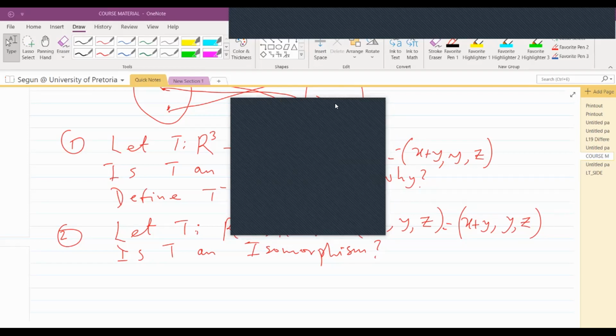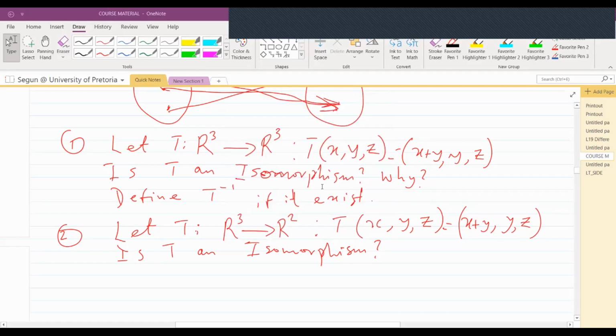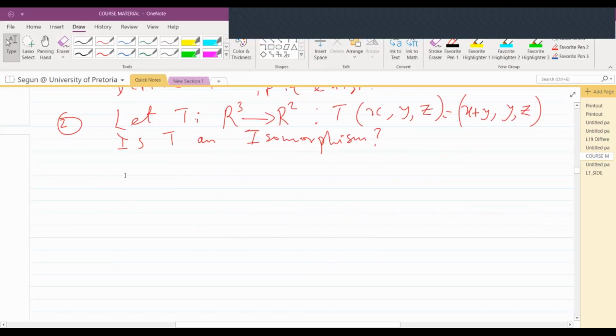Okay, now let's continue. I believe we have an idea of what we are doing now. So let's continue the solution now. Let's look at the solution together. For the first one, let's prove the first one. Proof.